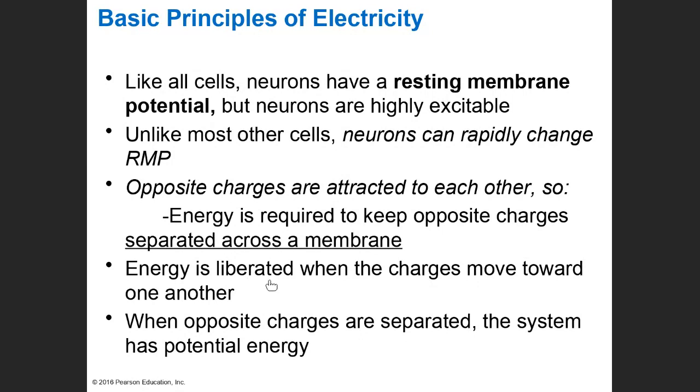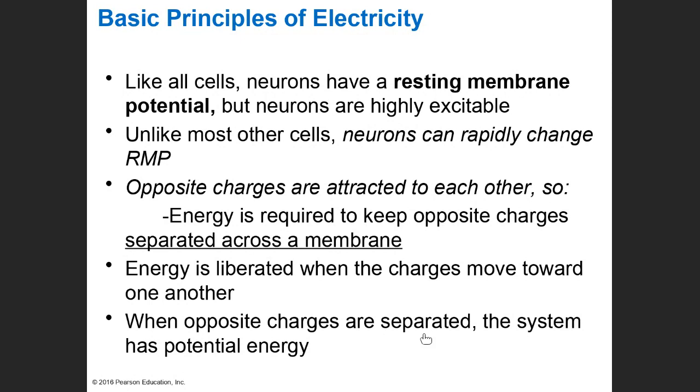Eventually these charges are going to start moving towards each other, so eventually that energy is going to be liberated. This is really where the term potential comes from when we say resting membrane potential. Potential means that we have a separation of charge: opposite charges separated by a membrane.